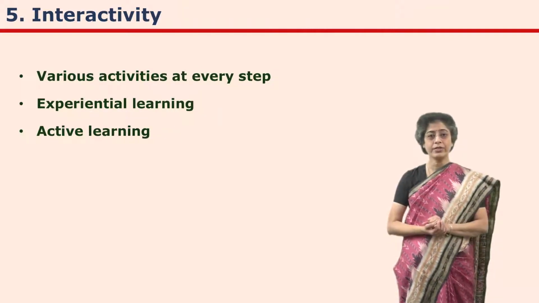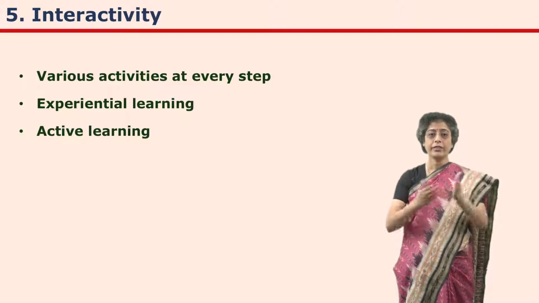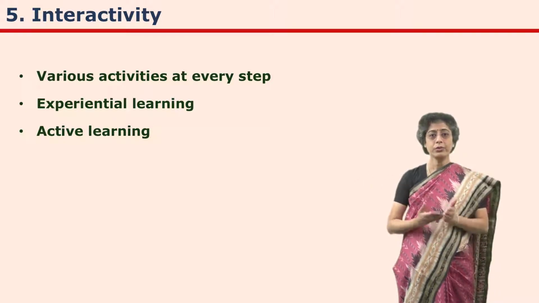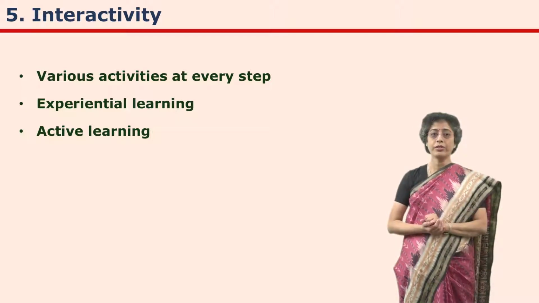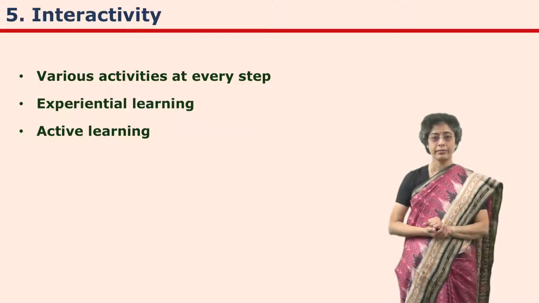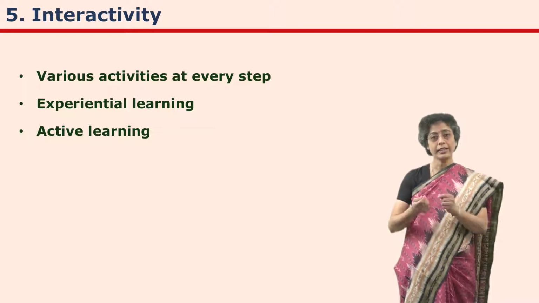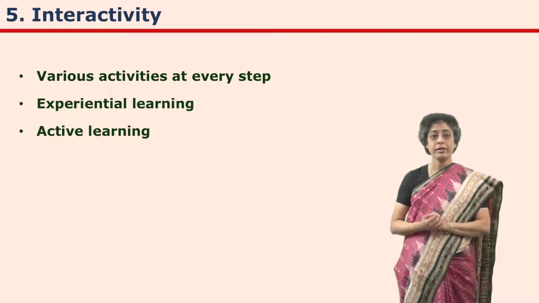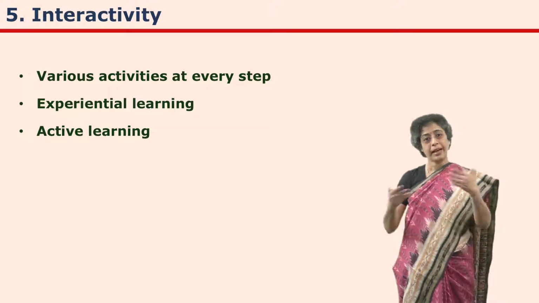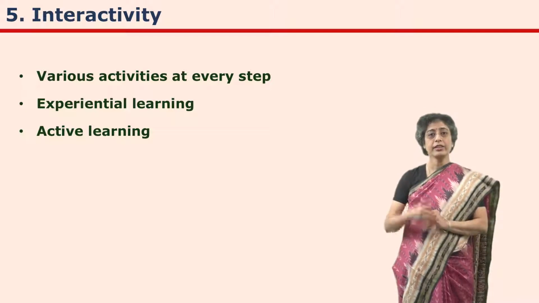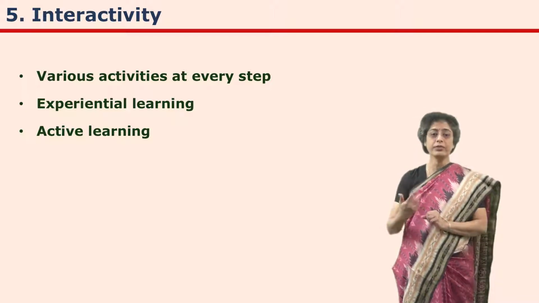Because CAI is a self-instructional activity, there are various activities at every step. Learners go through a sequence of activities while learning. Now these activities are not for evaluation but for making the learner go ahead with learning. There may be many quizzes, puzzles, and small activities such as drawing, painting, selecting the correct word, matching pairs, solving jigsaws, and through all these activities the learner continuously interacts with the material.